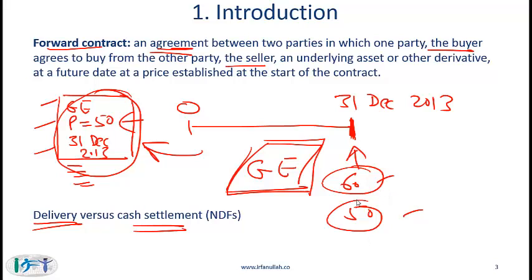In this particular example, if this were a cash settlement, then the short would give the long $10 and the contract will be closed or settled. Cash settlement is also called a NDF, which stands for non-deliverable forward.